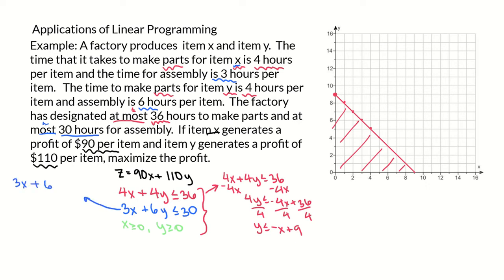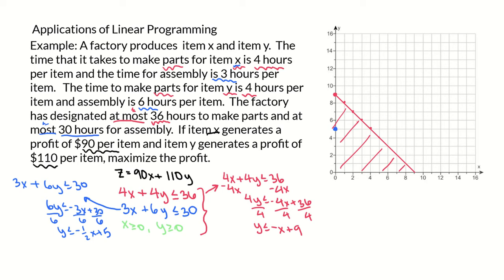3x plus 6y is less than or equal to 30. We subtract 3x from both sides to get 6y is less than or equal to negative 3x plus 30. And then we divide by 6 to get y is less than or equal to negative 1/2 x plus 5. And then we graph that line.